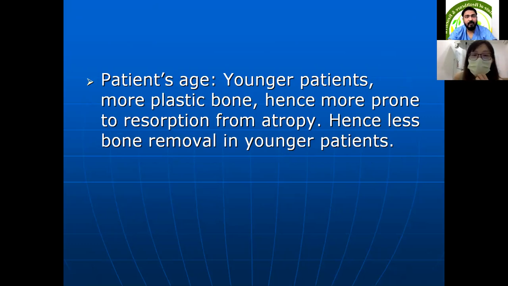In younger patients, atrophy is more, hence less bone removal in younger patients. In older patients, resorption from atrophy is less. In older patients, the bone will not resorb fast because there are prostheses. But in younger patients, bone will resorb very fast.